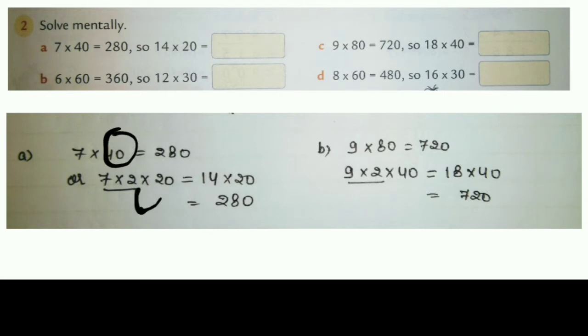So 2 and 20 is 40. 7 2s are 14 into 20 is 280. Same here, 9 into 80 equals 720. In 80 they have broken it down into 2 and 40. So 9 2s are 18 and into 40 is 720. Test question, do it yourself.